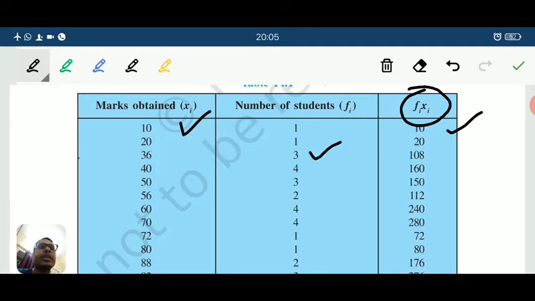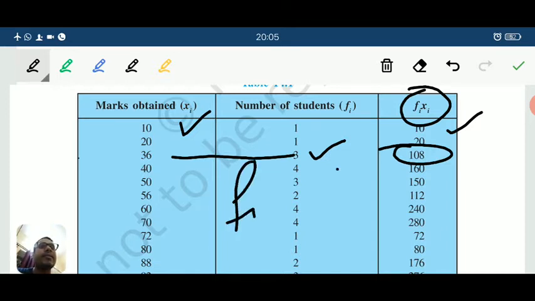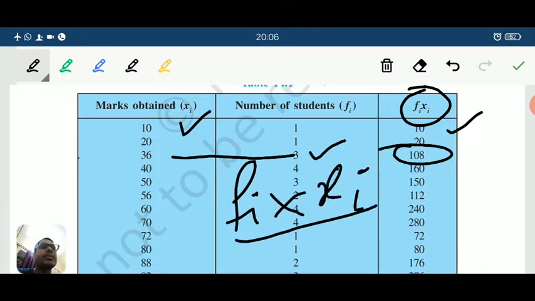Similarly, 3 students have got 36 marks, so we have to add all. Instead of writing 36 three times, we just write 36 one time, and the respective frequency is 3, and the total will be 108. So 36 multiplied by 3 will give you 108. fi xi means nothing but fi multiplied by xi.